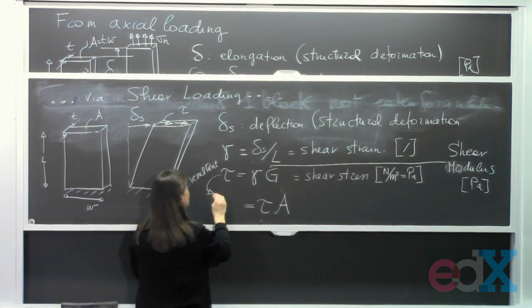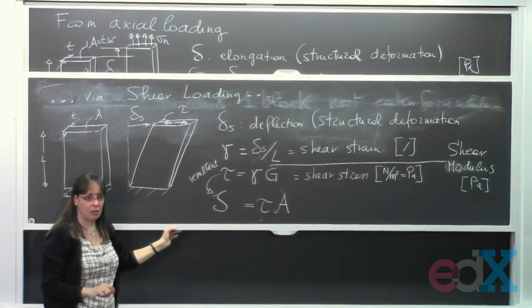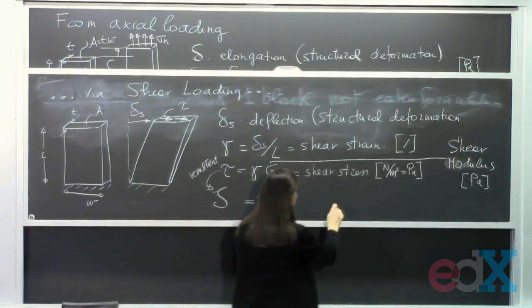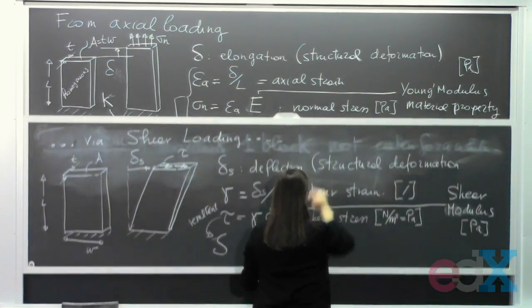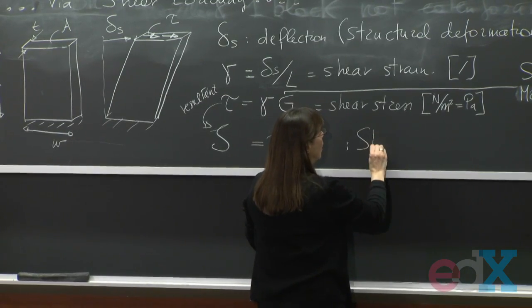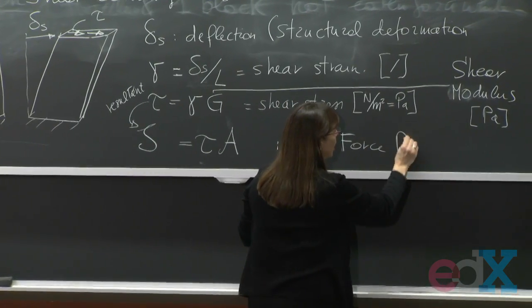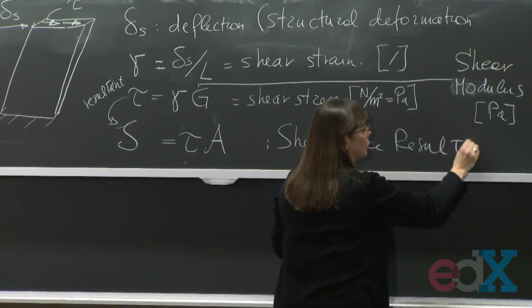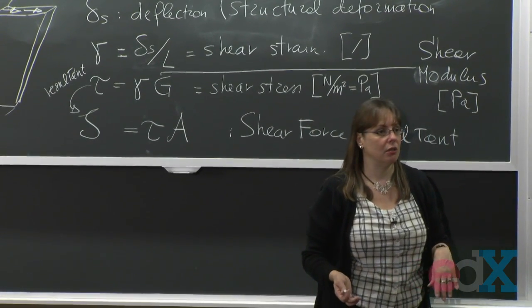So my force, just to challenge you, is going to be a curly S. And this is, the same way as this one was the axial force resultant, the shear force resultant.